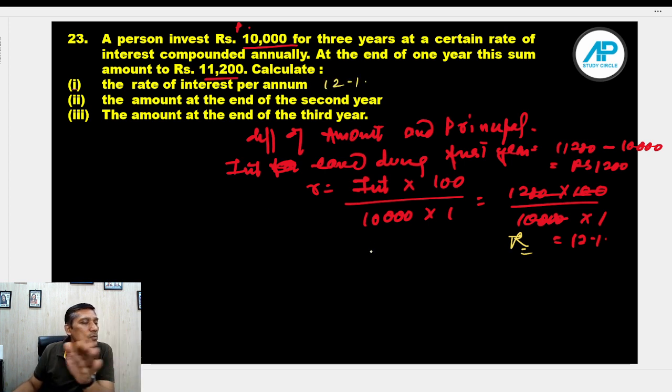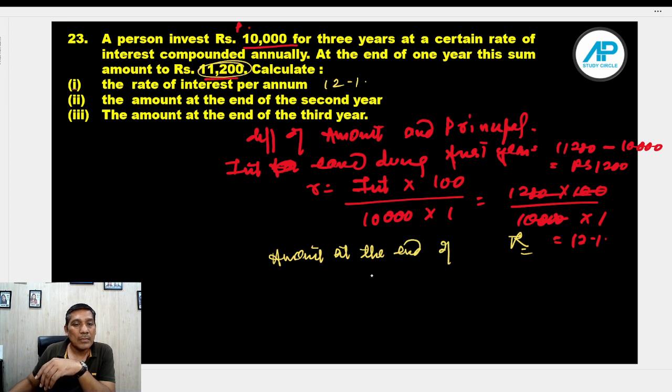Now the question becomes very usual. This is the value of amount at the end of the first year. So the amount at the end of the second year: I got the amount as 11,200.